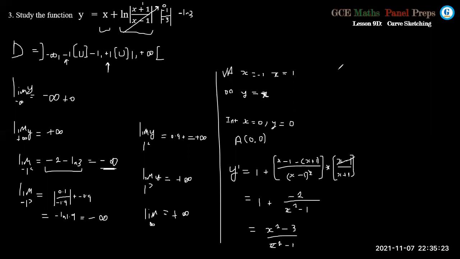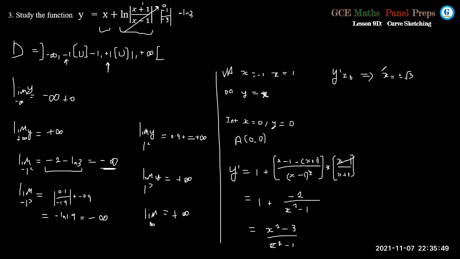You can look at the turning point by solving the equation y prime is equal to 0. When we solve this equation, we imply that x is equal to plus or minus root 3, right?